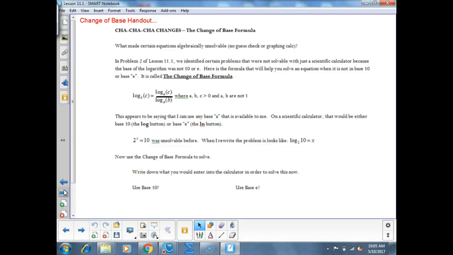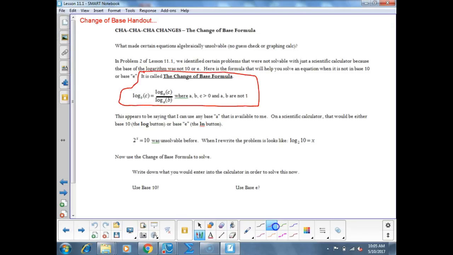Okay? And the calculations that we're going to use is this thing here called the change of base formula. Okay? Now it's in small print here. I'm going to scroll down here in a minute and write it out better and figure out what it means in a better sense.